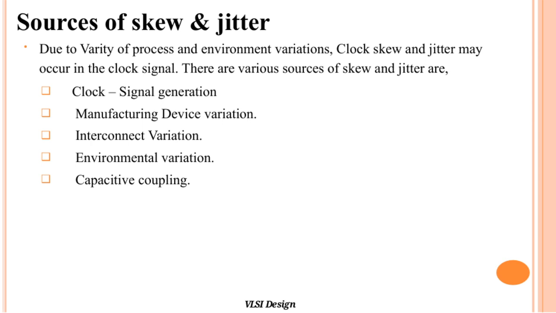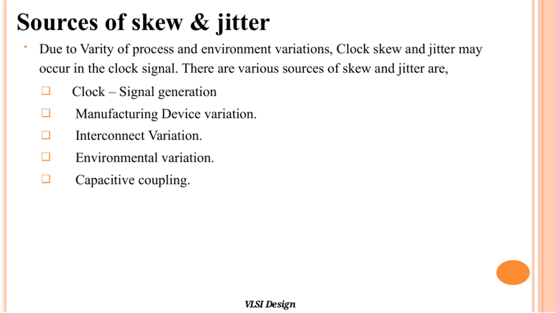These are differences that occur during the fabrication process of the chips, which can lead to inconsistencies in how signals propagate. Interconnect variation is another critical factor, as differences in wiring lengths or materials can cause delays or unpredictable changes. Environmental variations like temperature fluctuations or voltage changes can also impact the clock stability.